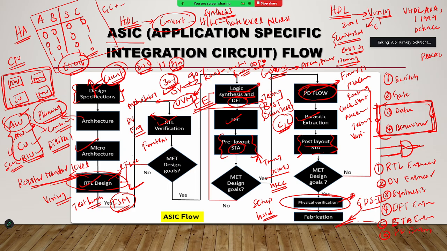In STA also there are two types of engineers, pre-layout engineers and post-layout engineers. And next, physical verification engineers are there. So till this point we call them front end engineers, and from here you have back end engineers. So this is about ASIC flow. Did you understand?